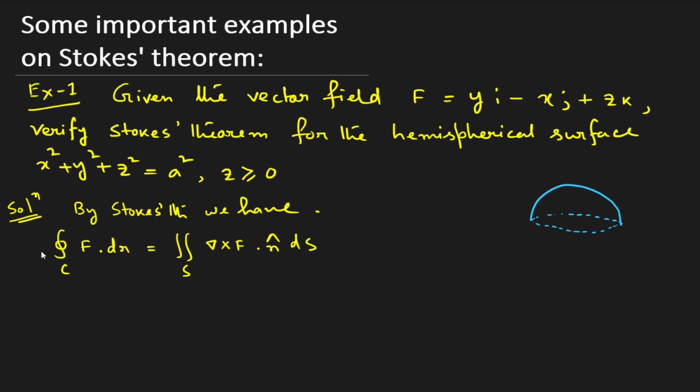So we have to find the left hand side and then again the right hand side individually. For the left hand side we will find later on. Let us find the right hand side first, because the right hand side involves a little bit more calculation.